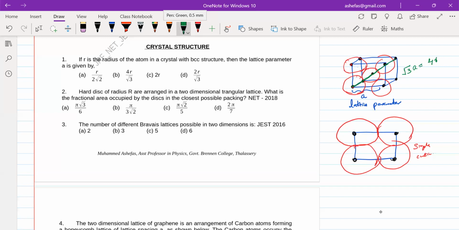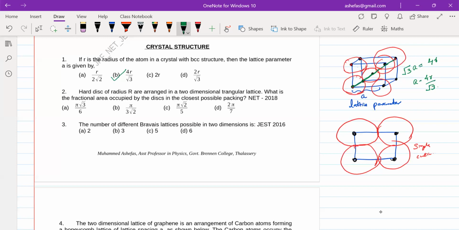So actually, this atom, the body center atom, and the atom behind this corner would be in contact. So root 3 A equals 4R, and therefore A equals 4R by root 3. So the correct answer for this question is option B. A is equal to 4R by root 3. Okay, so this is not a previous question. I just introduced this question to introduce the relation between the lattice parameter and radius.